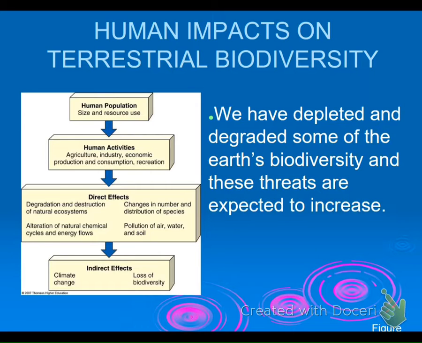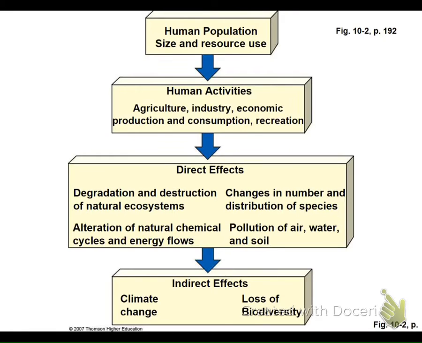So what are some of our impacts on biodiversity? Now watch right here. This is put together by our textbook. Even if you do not read the textbook, look at the pictures. The pictures in our textbook are very, very good. They supply tons and tons of information.